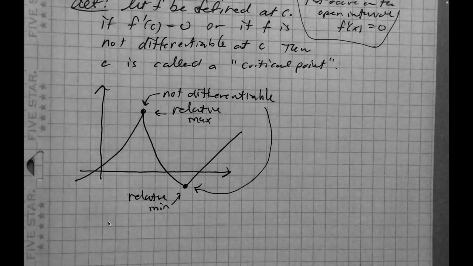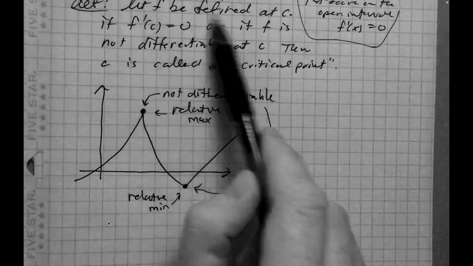So if there's going to be this sort of non-differentiable issue, then it's going to tend to occur at relative extrema, right? The function is going to rapidly change directions. And so that's why we say let f be defined at c.